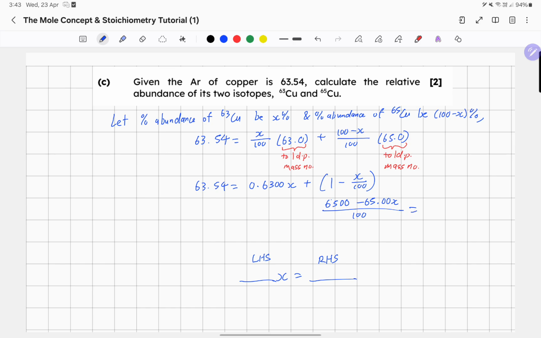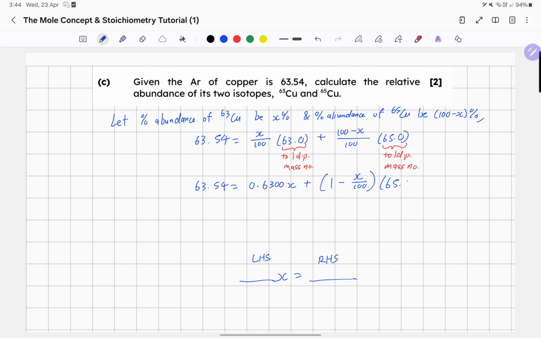And then when you cancel the terms out, you realize that it's actually 65 minus 0.65x in this manner. We'll go with 1 minus x over 100 first.